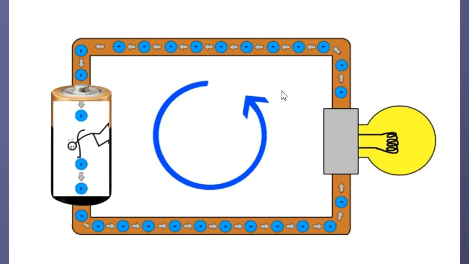Okay, the voltage is what we have inside the battery. The voltage is a kind of effort, it is more or less how strong a battery is to push the electrons through the wire. Actually, it's a chemical reaction that is able to push the electrons through the wire.